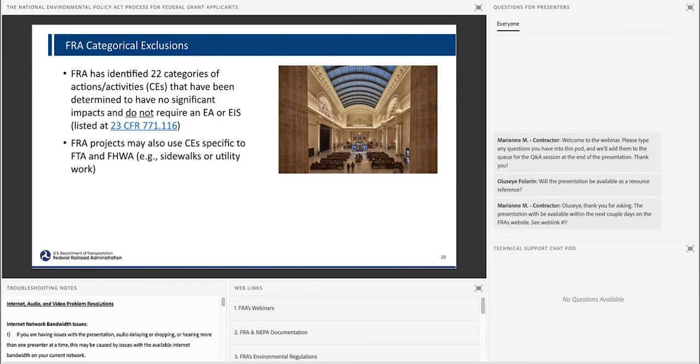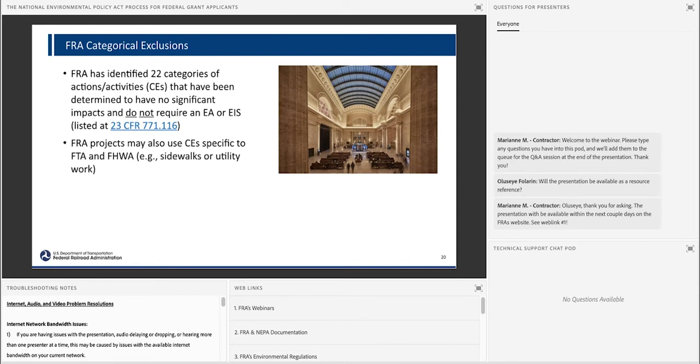Since 2018, FRA has expanded its list of CEs listed under 23 CFR 771 Part 116. In 2020, over 90% of the NEPA documents that FRA facilitated the completion of were categorical exclusions. There are 22 categories of CEs listed at 23 CFR 771 Part 116.